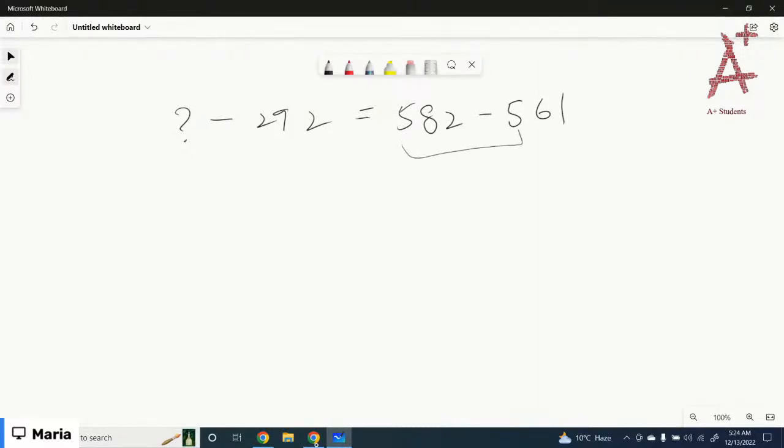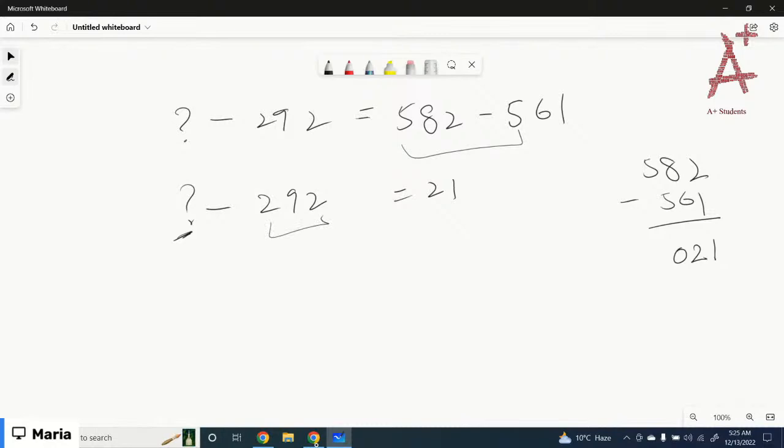Okay, just solve this side, subtract them. 582 minus 561. 2 subtract 1 is 1. 8 subtract 6 is 2, and 5 subtract 5 is 0. So here you have 21. You have to find the greater number. Got it? So for the greater number, you always add the smaller number and the difference. So just add 292 and 21.